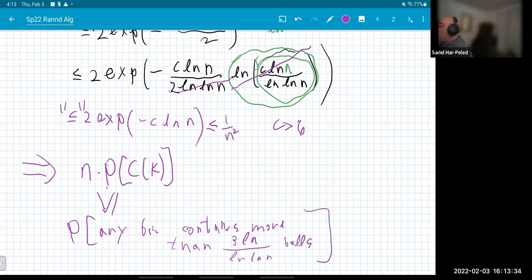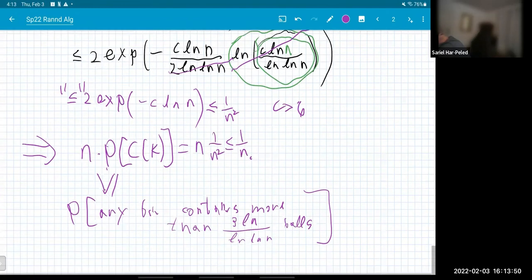So I just used the union bound, right? I have N bins, and the probability that any one of the bins has more than this number of balls is at most 1 over N squared. So this is just N times 1 over N squared, which is at most 1 over N, which proves the theorem. Right?